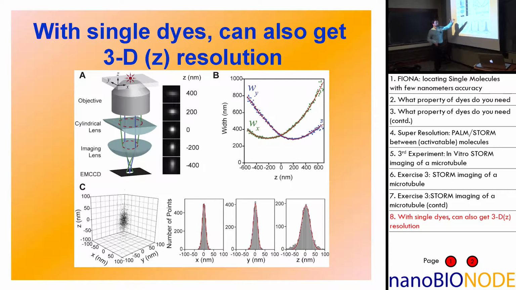And so once you have this, that's your calibration curve. Then you can take your unknown sample, always exciting it very weakly, such that at any one point or any one time you're only exciting a single molecule.